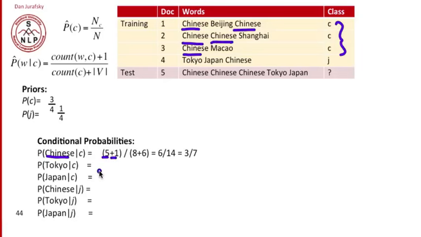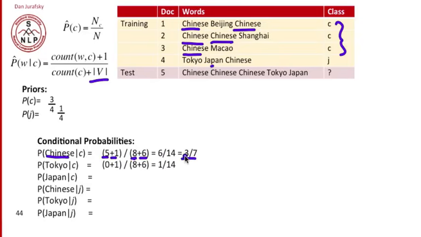And how many total words are there in our Chinese class? 1, 2, 3, 4, 5, 6, 7, 8. And then we're going to add the vocabulary size V. Again, we're doing add one smoothing. Our vocabulary is 6: 1, 2, 3, 4, 5, 6. So that's 5 plus 1 over 8 plus 6, or 6/14, or 3/7.